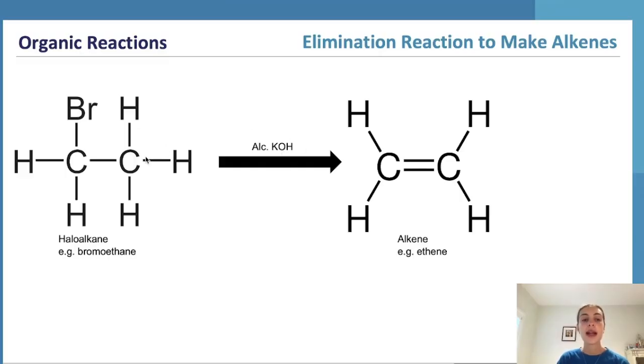By adding a haloalkane such as bromoethane to potassium hydroxide in alcohol, we can form ethene by removing the halogen group from there and breaking the single bond, forming a double bond instead. And so that forms our byproducts of KBr, so potassium bromide, and some hydrogen atoms.